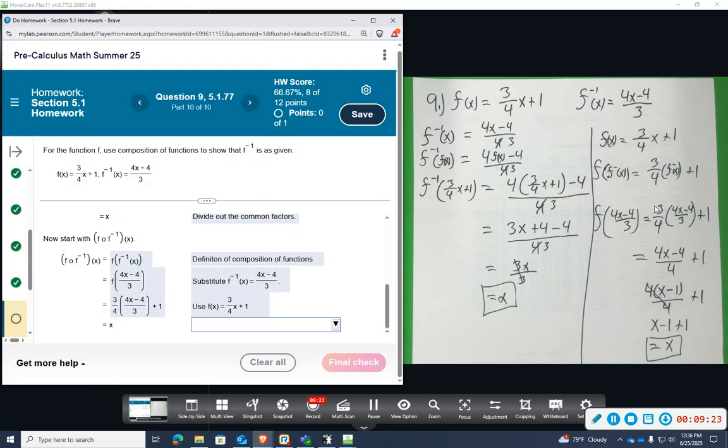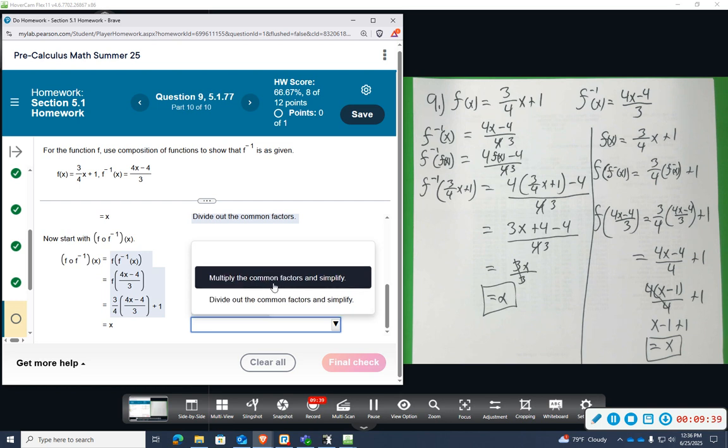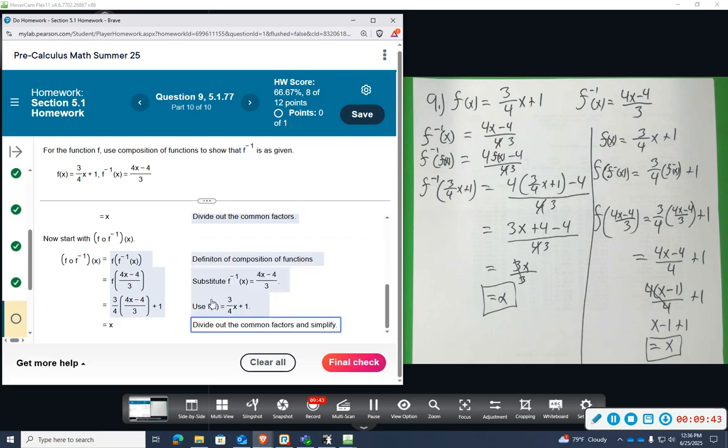And then we multiply by the 3 over 4 to simplify everything. Oh, they just go straight there, so divide out common factors. Multiply common factors to simplify, divide out common factors, simplify.